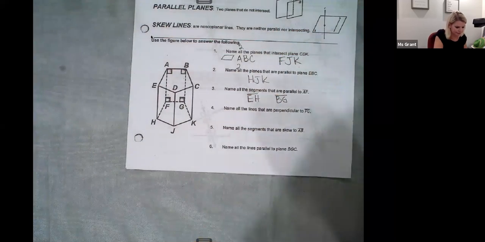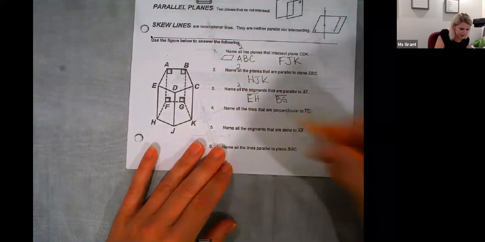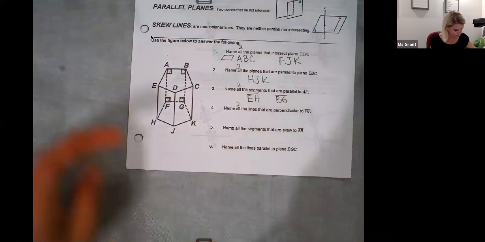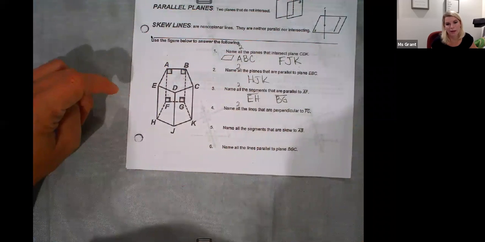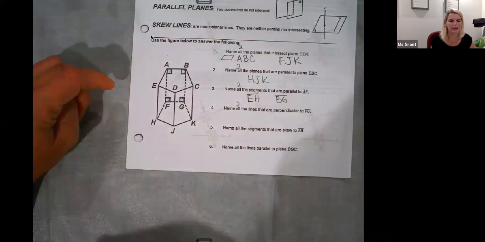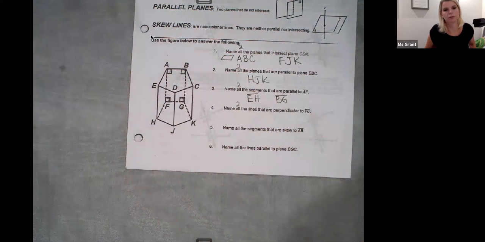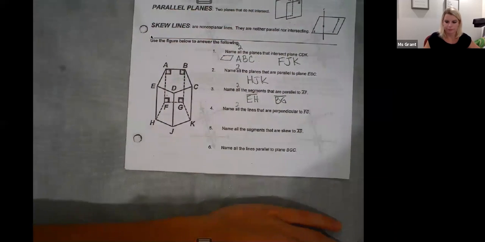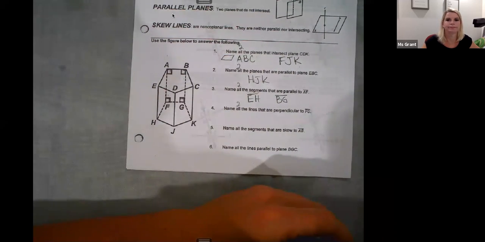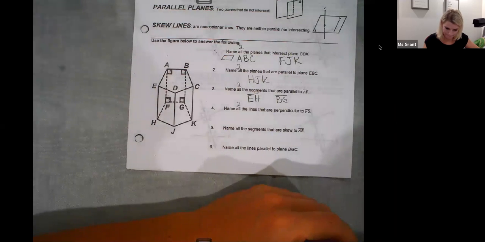Okay, 2 is fine. Name 2 lines that are perpendicular to FG. FG is the back and the bottom. So, perpendicular to FG. Talk to me. Natalia.